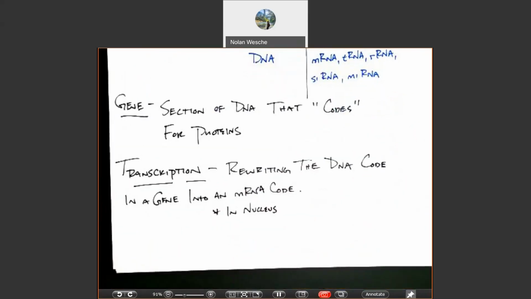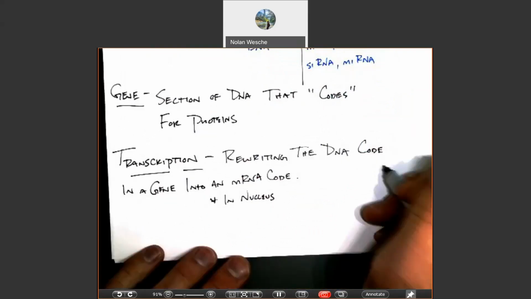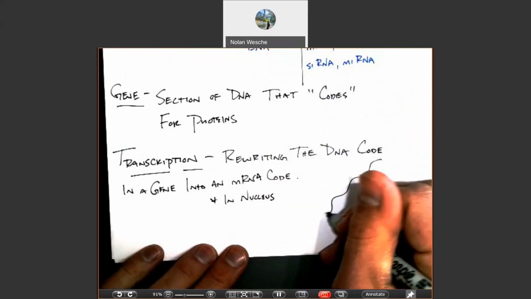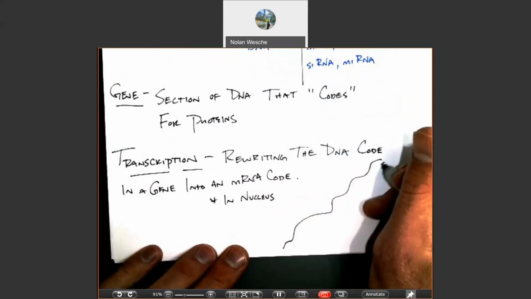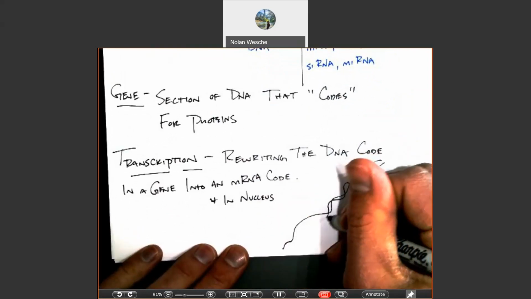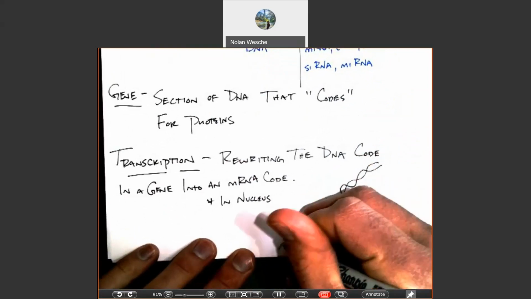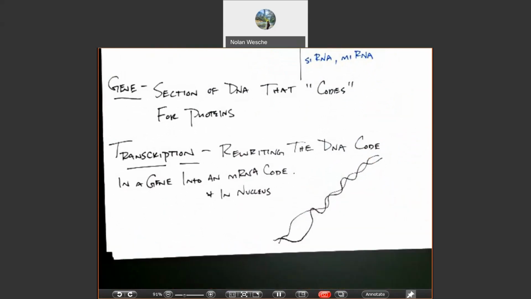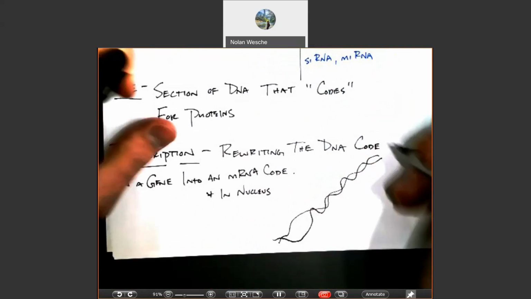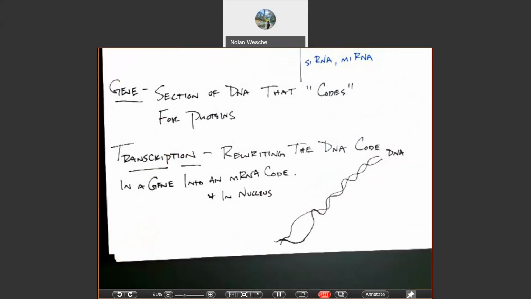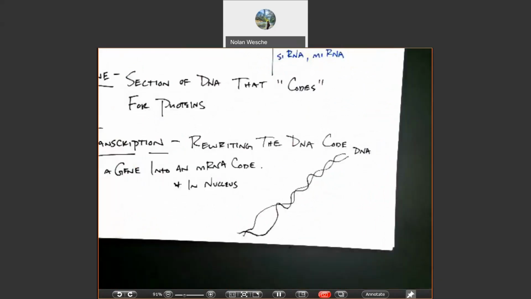So what we're going to do here is sketch this out. I'm going to have my DNA here. So here's my DNA. I'll leave it kind of opened up there. And then part of this is going to be my gene.